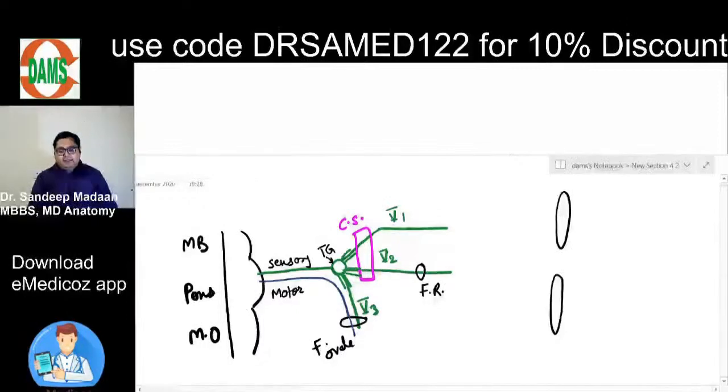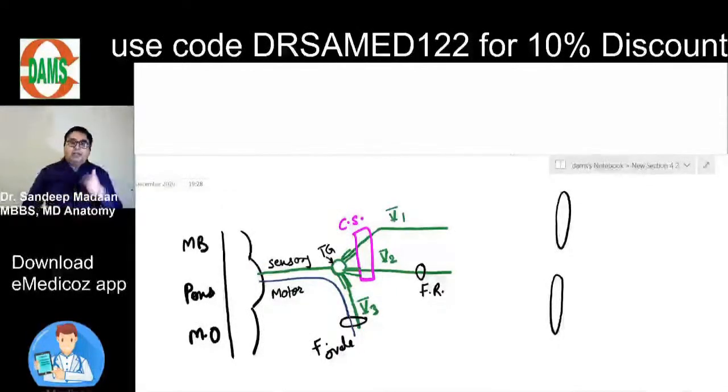This schematic diagram will help us remember that these are the nerves present along the lateral wall of the cavernous sinus along with the third and fourth nerves, and the sixth nerve passes through the cavernous sinus.